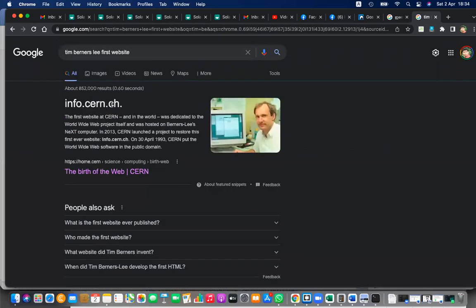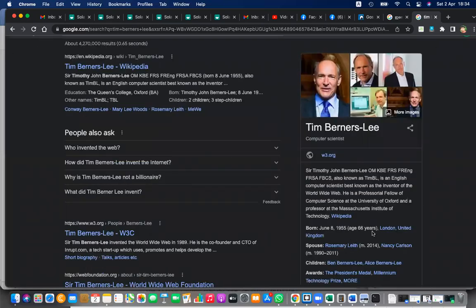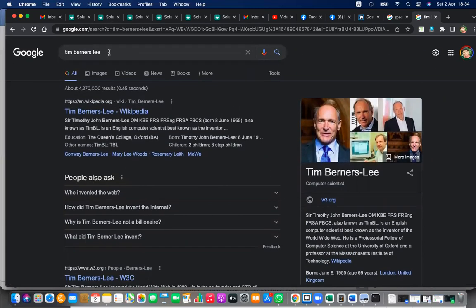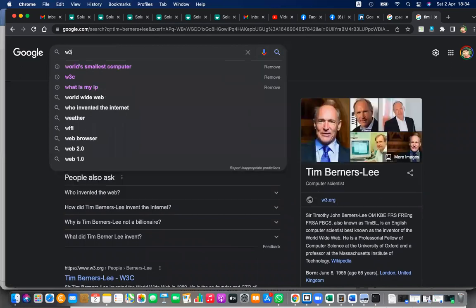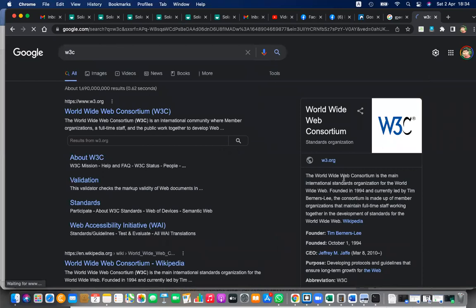If you just search about Tim Berners-Lee, he actually started another organization. Here you can see he's only 66 years old. He has started another organization to handle or govern the web. That is called W3C, the World Wide Web Consortium, the standardization organization for the World Wide Web.